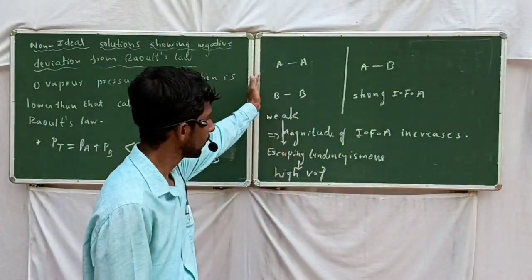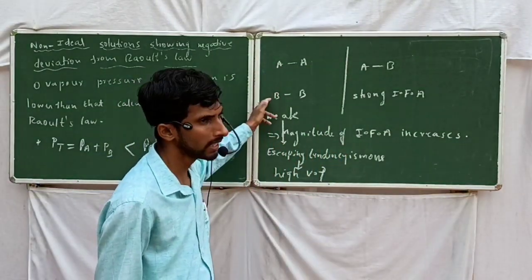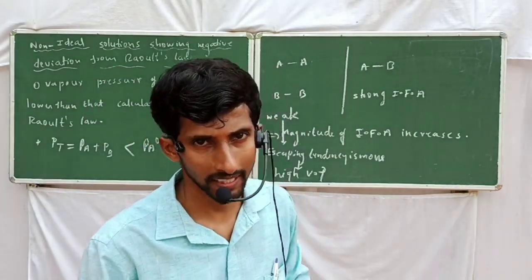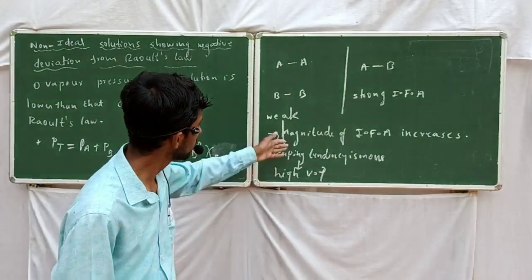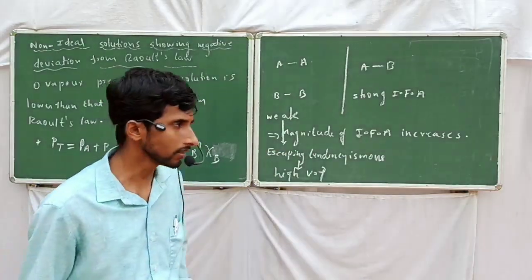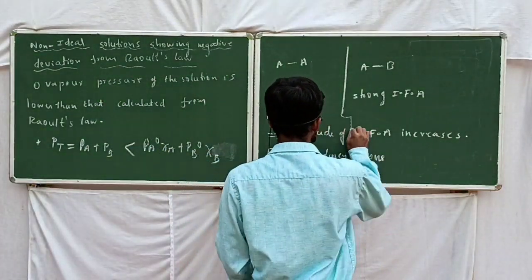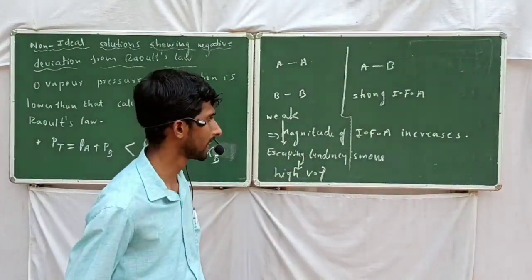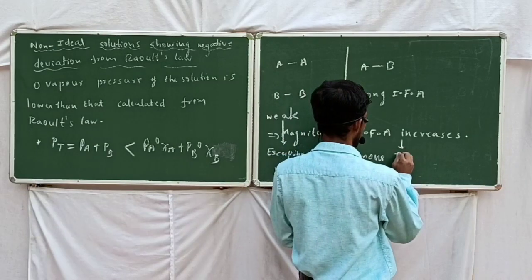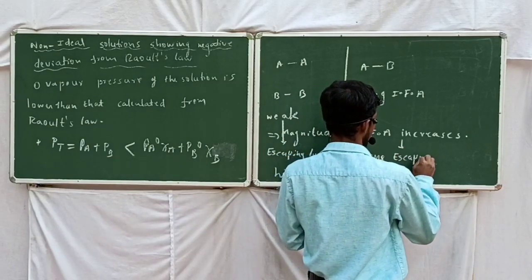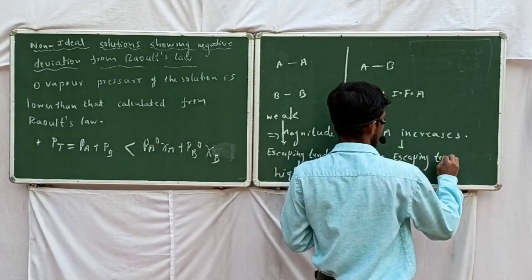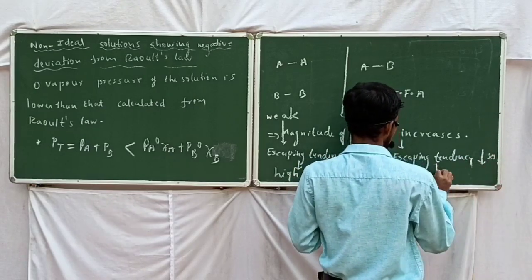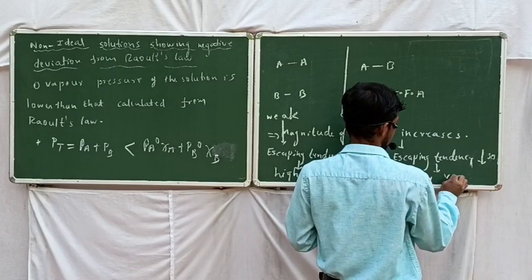In a pure component, they have weak intermolecular forces of attraction, which means more molecules will escape to the vapor phase, so its vapor pressure is high. But once you mix the two components, the magnitude of intermolecular forces of attraction increases, so the escaping tendency decreases. They have low vapor pressure.